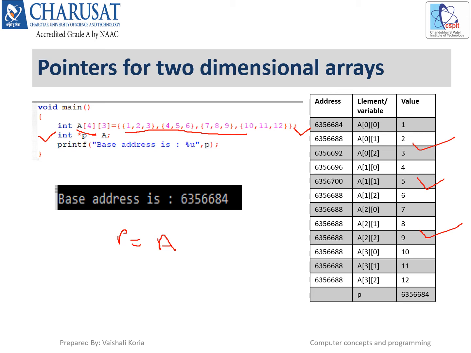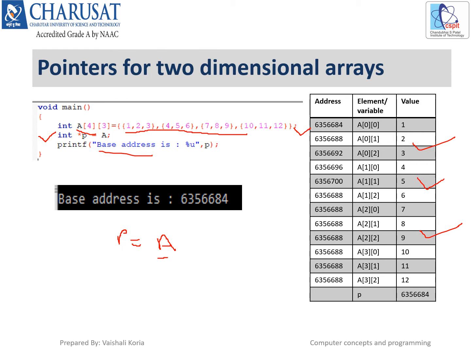Let us remind that the array name always contains the address of the first element. So a is equivalent to the address of a[0][0], and that address has been assigned to the pointer variable p. The address of the first element is considered the base address.